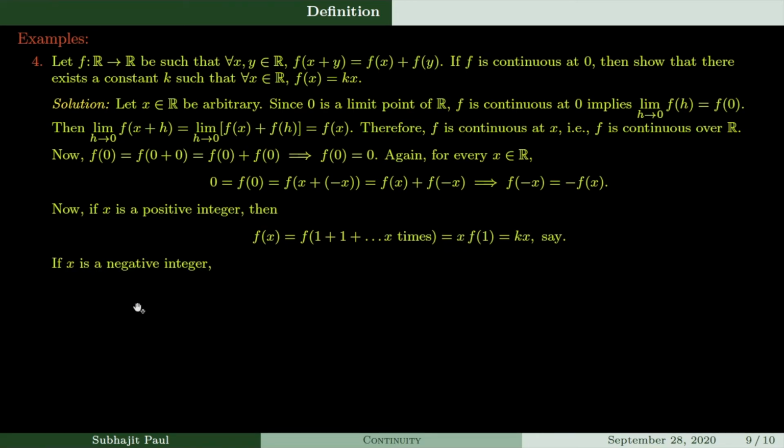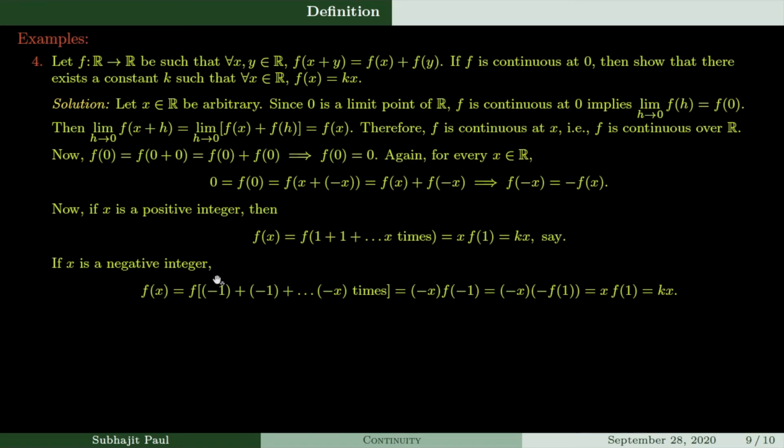For a negative integer: if x is a negative integer, then minus x is a positive integer, right? If x is minus 3, then minus x is equal to 3. Therefore f of x is f at minus 1 plus minus 1 plus minus 1, up to minus x times.